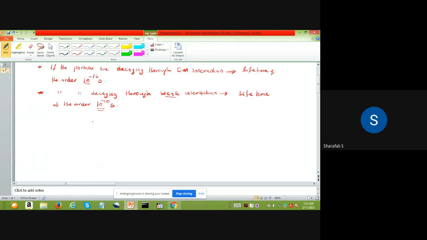Now there is a class of particles called resonance particles.